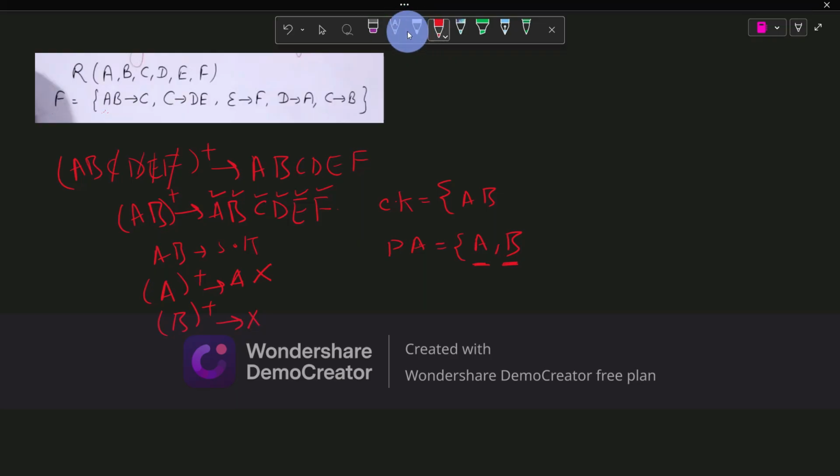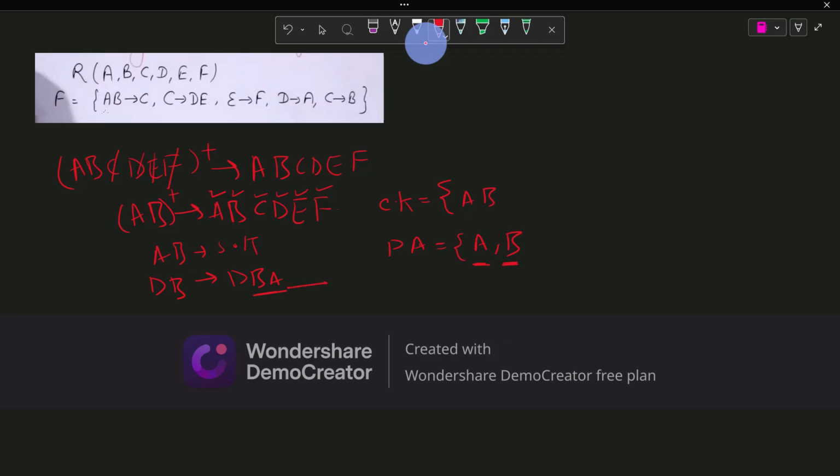So let's replace A with D. The closure of DB will be DB, and with D we can determine A, and since we have AB, we can determine all of the other attributes.